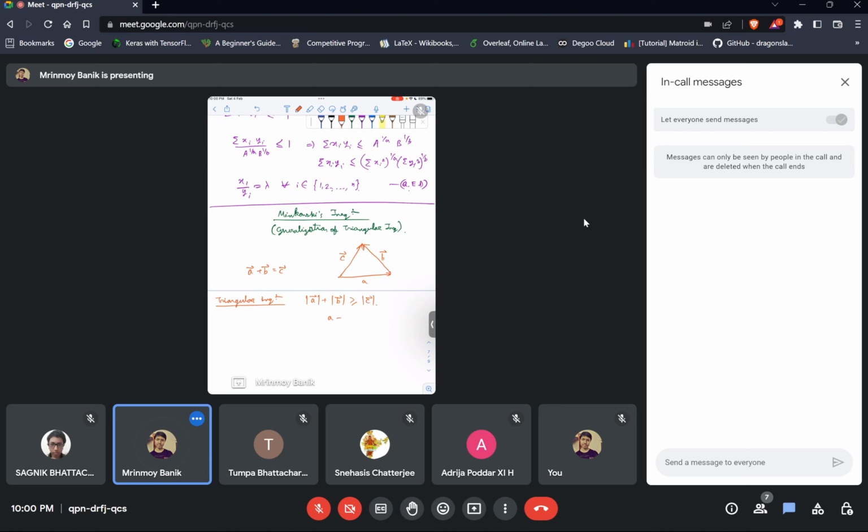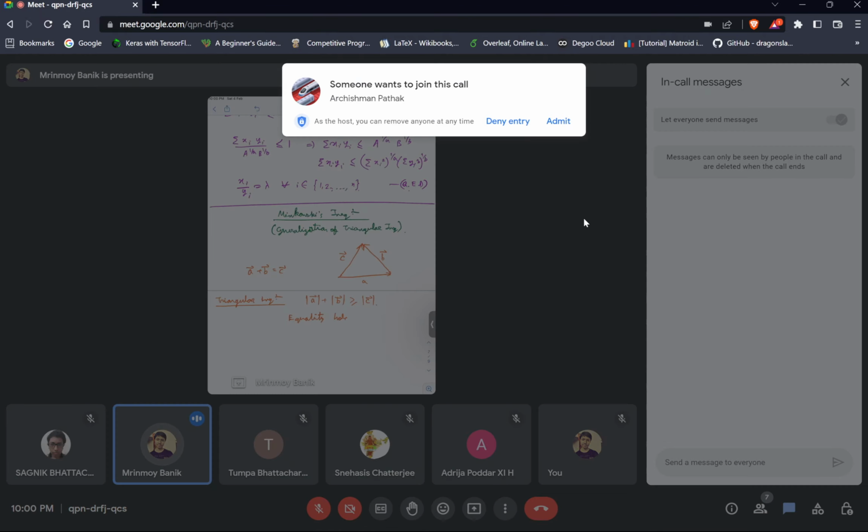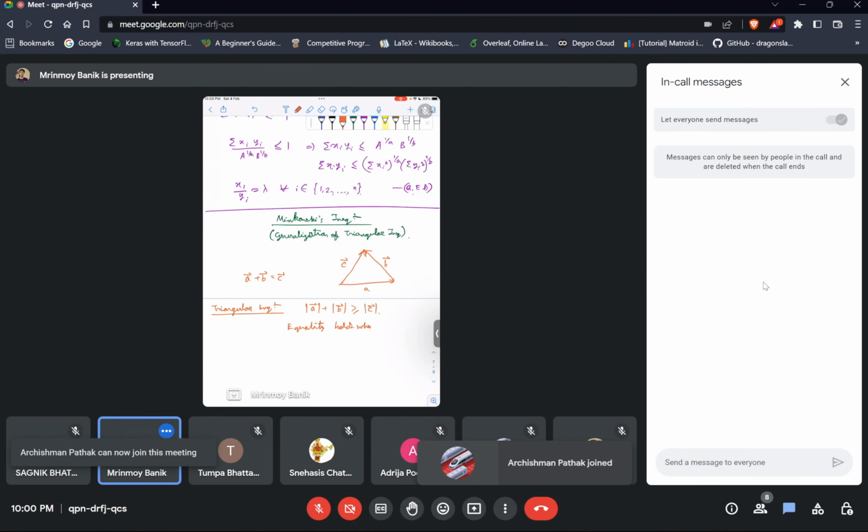Then equality holds. Equality holds when A is equal to plus or minus B.